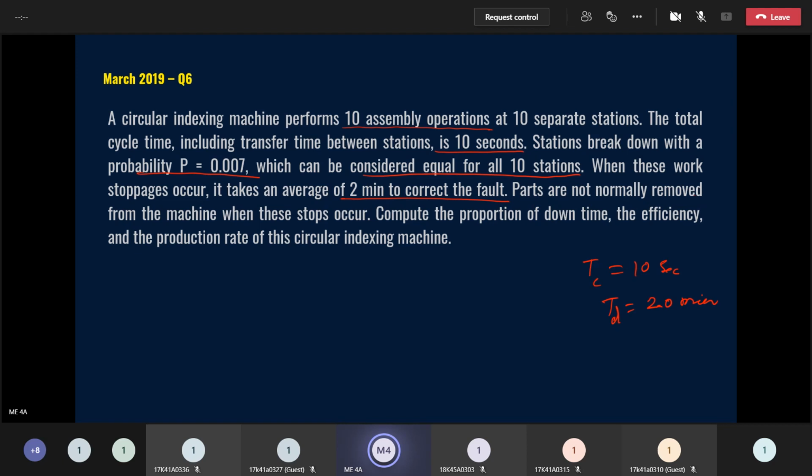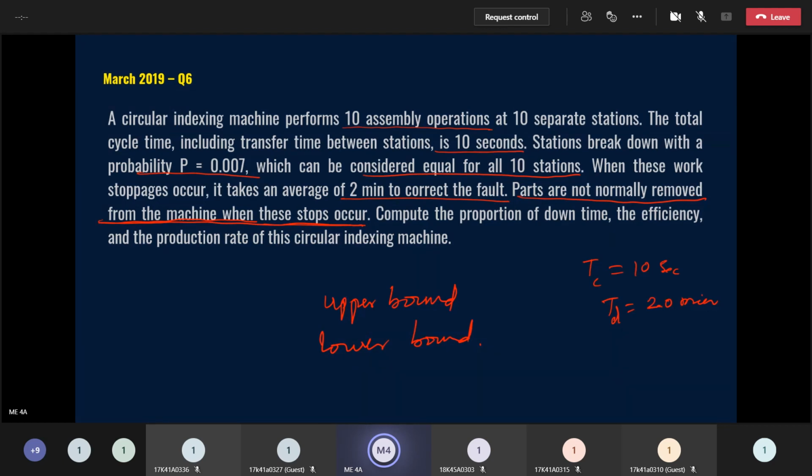Parts are not normally removed from the machine when the stoppage occurs. If you remember, I explained the upper bound approach and lower bound approach in unit 2. Whenever he says parts are not removed from the machine when the stoppage occurs, even when the machine has failed, you are not removing the part.